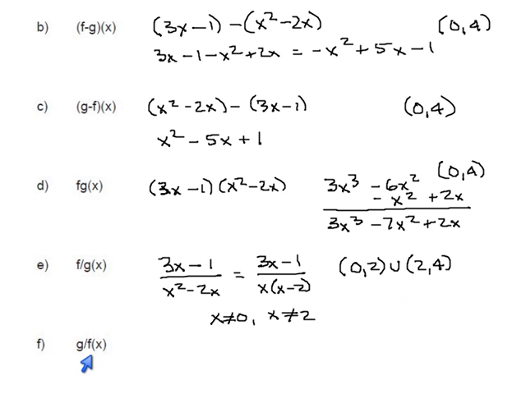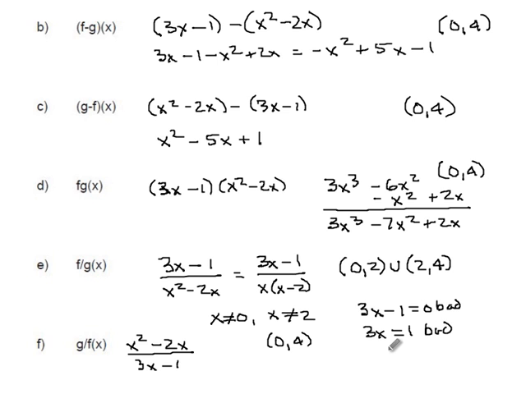What if we go the other way? G over f of x, x squared minus 2x over 3x minus 1. Again, we would normally have the domain 0 to 4, but can we ever get division by 0 here? Yeah, we probably can. If we have 3x minus 1 equals 0, and if that is bad, then 3x equaling 1 would be bad.